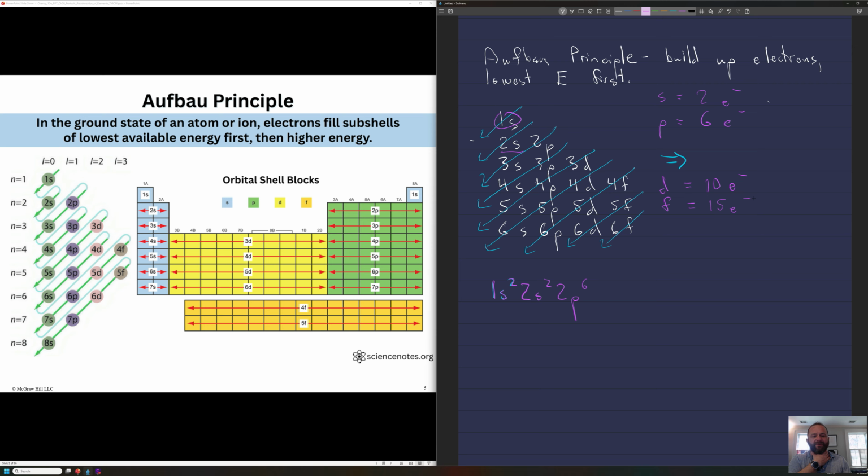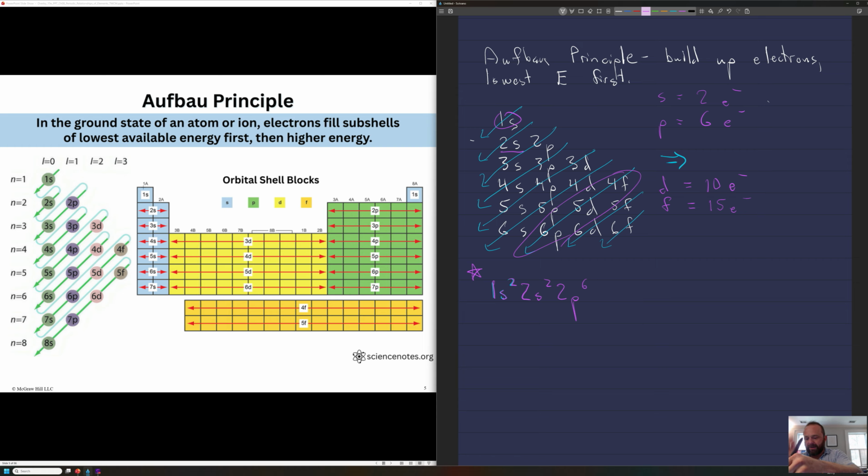But those are fairly exotic. The reason why I haven't memorized that is because I haven't done any chemistry with the lanthanoids or actinoids. But 15. So from this, getting back to here, we can build up the electron configuration of any element.